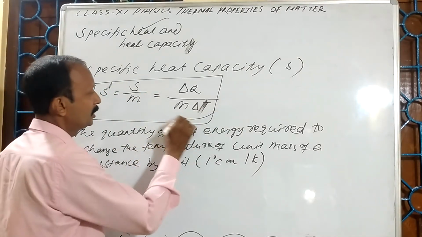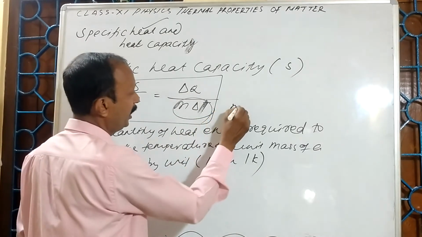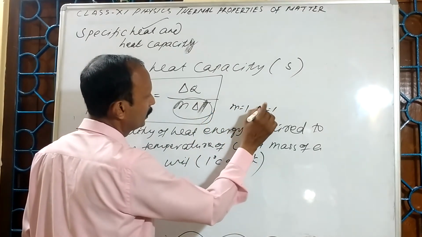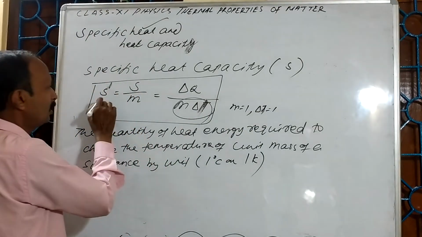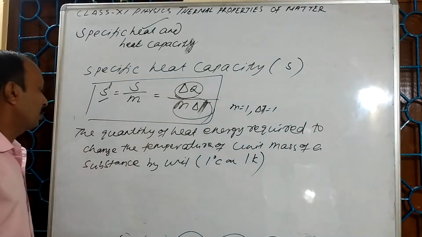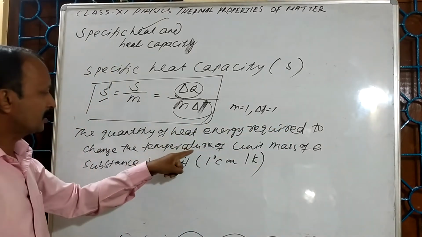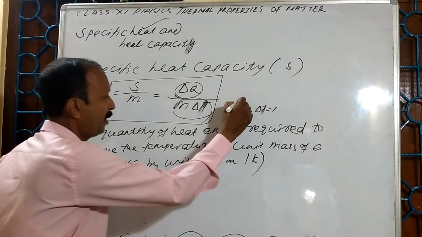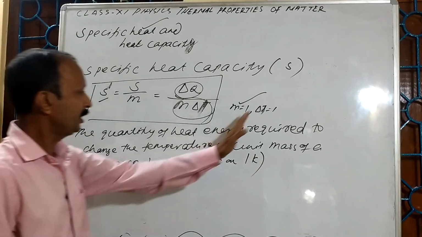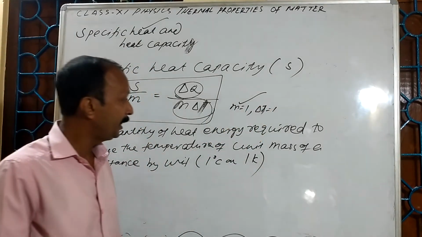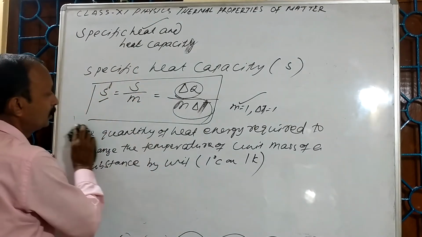You see that, suppose if I take m equal to 1, delta T is equal to 1, that means s will become delta Q. So I can say that the amount of heat energy required to raise the temperature of a unit mass of a substance by a unit degree is called specific heat capacity.